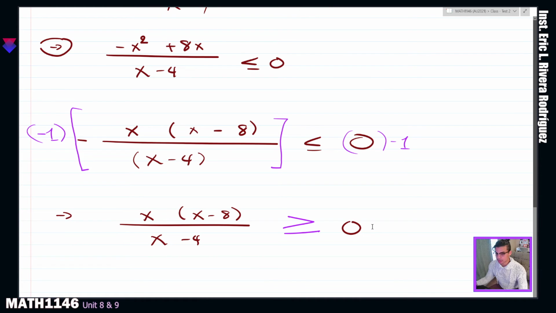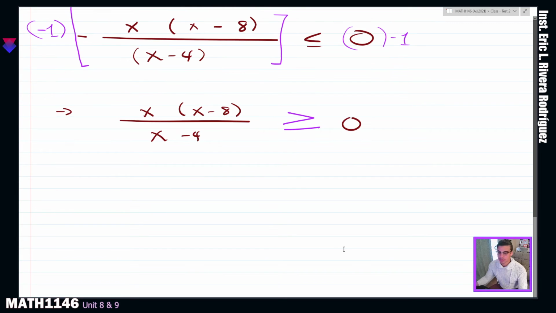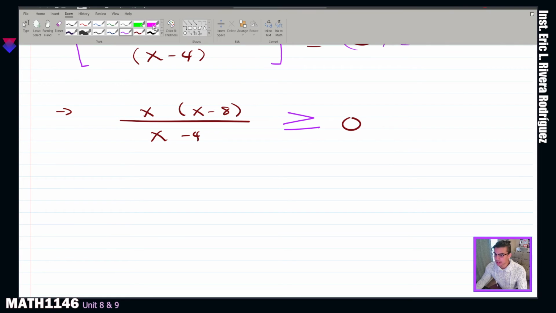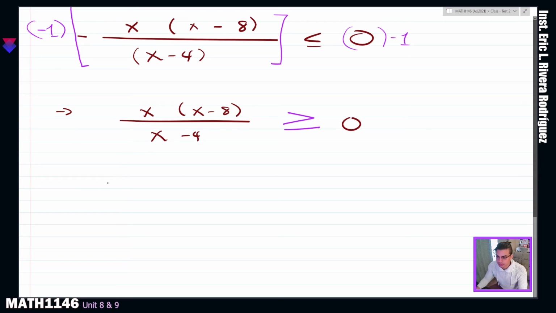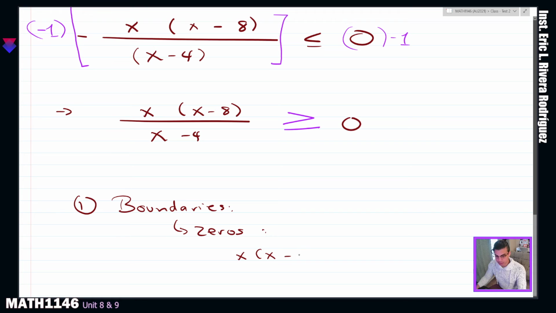Any other questions? So now that we have this structure, we are going to be able to do the steps, boundaries. So we have the zeros. We take the numerator into consideration.